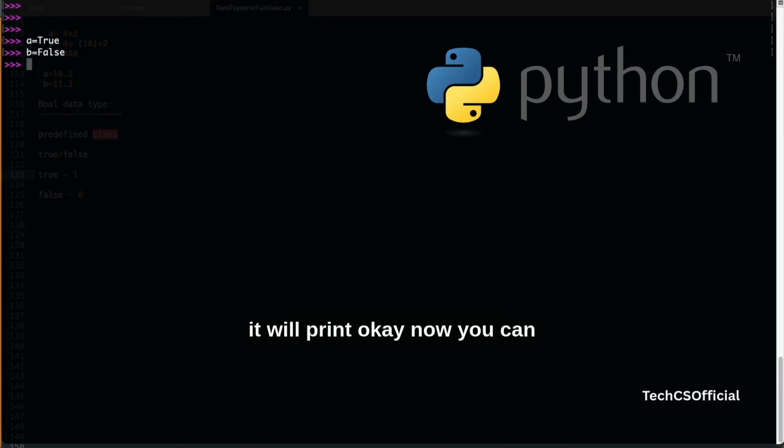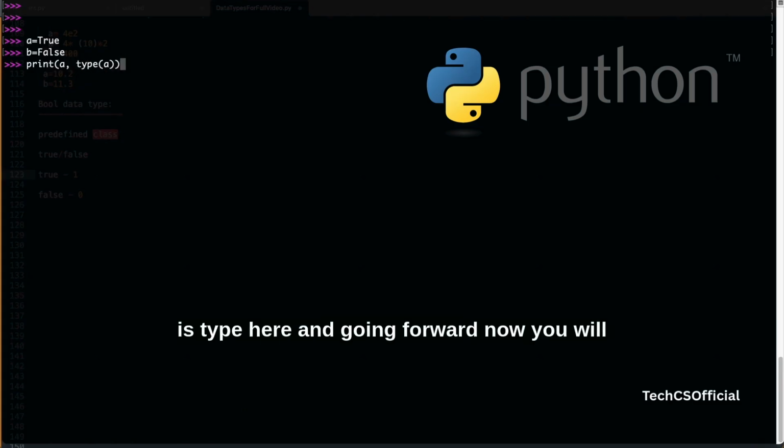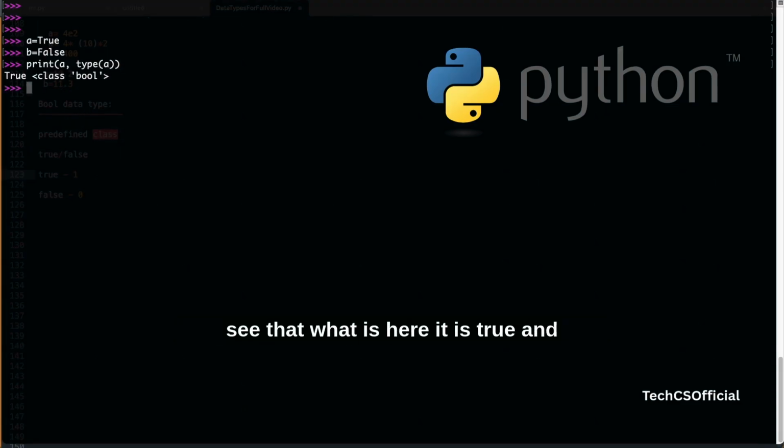Now you can print both of these, a comma type of a. We'll discuss what type is going forward. Now we'll see what a is. It is True and bool type. Even print b also. It is False, bool type.